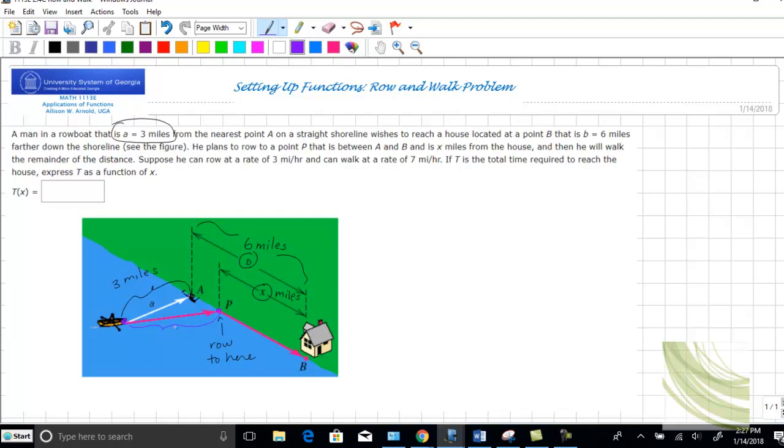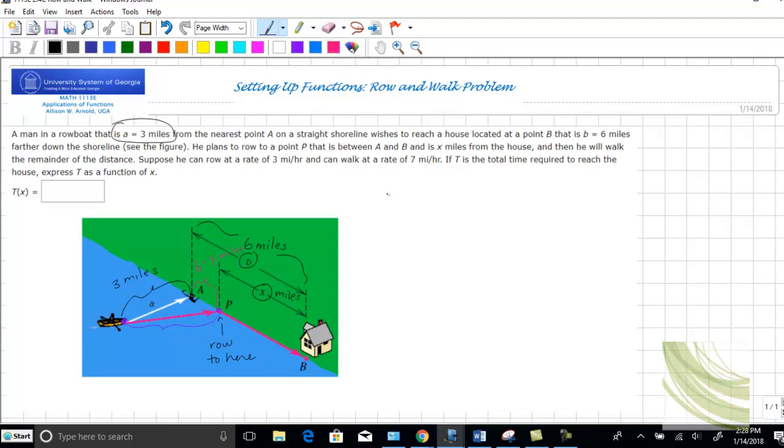Okay? And also that if the entire distance is 6 miles and from P to B is x miles, then from A to P would be 6 minus x miles.